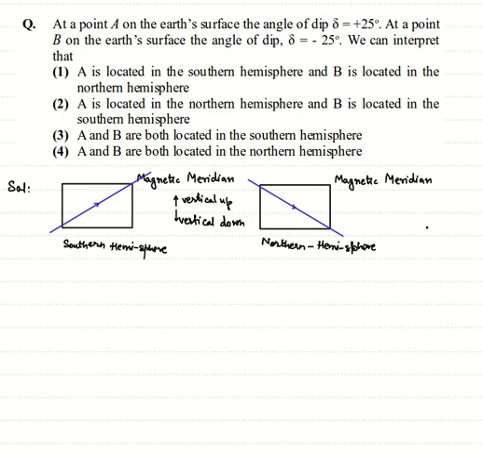Alright, having understood both of this, now it's easier to understand the question. First of all, we are given that at point A on the Earth's surface, the angle of dip delta is positive. When do we get positive delta? See, when we are in the southern hemisphere, any magnetic needle that we keep there will incline itself along the Earth's magnetic field line.